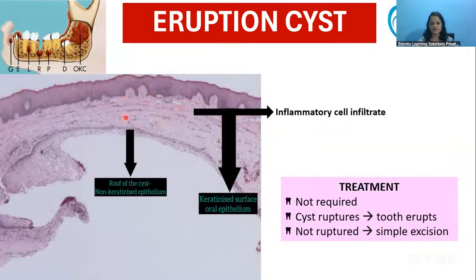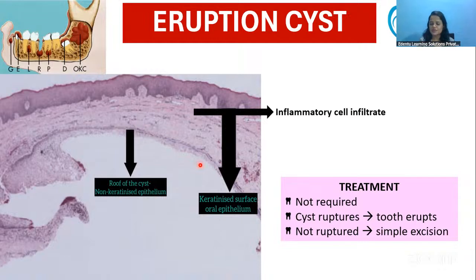Then the connective tissue will have lots of inflammatory cells. And underneath, you have the very thin roof of the cyst, made up of non-keratinized stratified squamous epithelium.